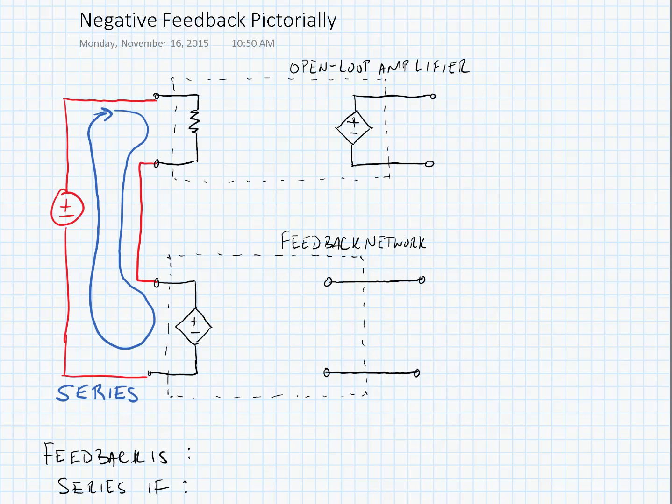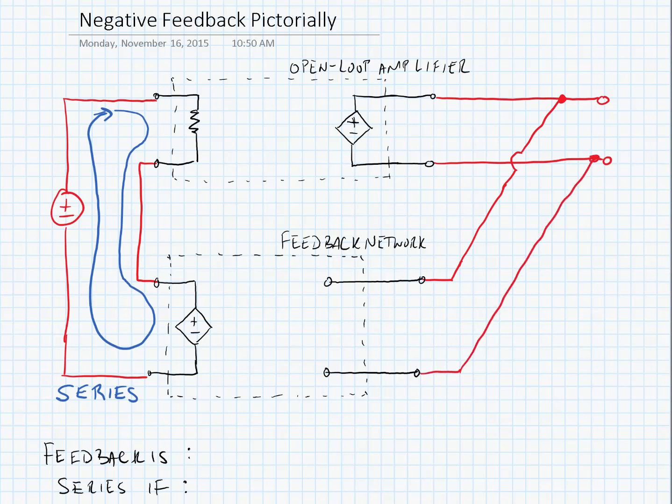Let's look at an example of a shunt connection. Here, the output of our feedback network is connected in parallel with the output of our open loop amplifier.